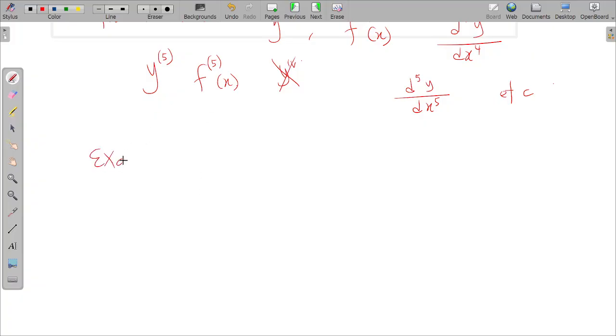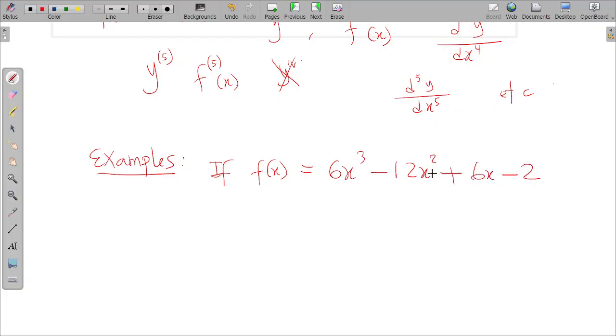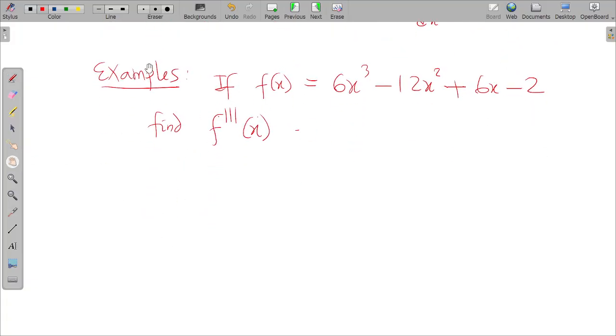Okay, let's take examples. If f of x is given as 6x cubed minus 12x squared plus 6x minus 2, we want to find f prime of x, not y prime, because we are given in terms of f of x. Let's go find that.